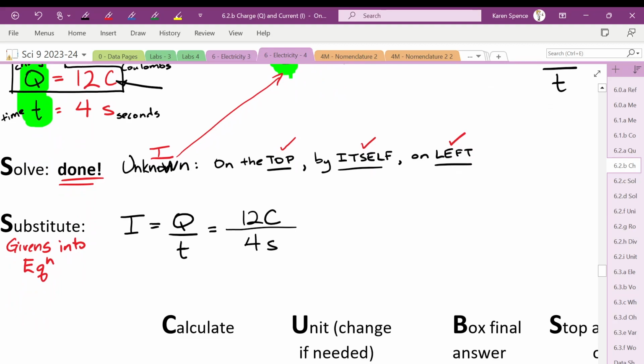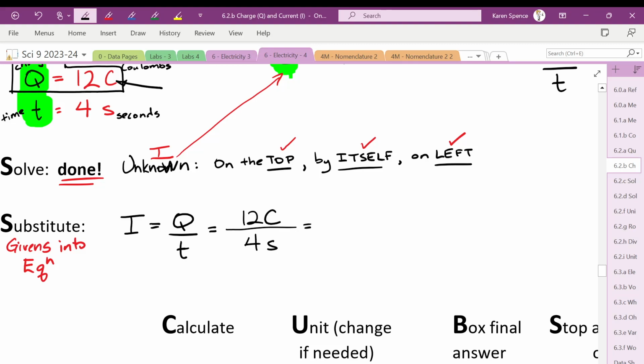And now we're going to CUBS. We're going to calculate. What do you do when you calculate? This is easy. You just find the number, okay? If you can do it in your head, that's great. If you can't, you use a calculator, okay? Do you all have a calculator? Okay, make sure you're bringing it these days, okay?